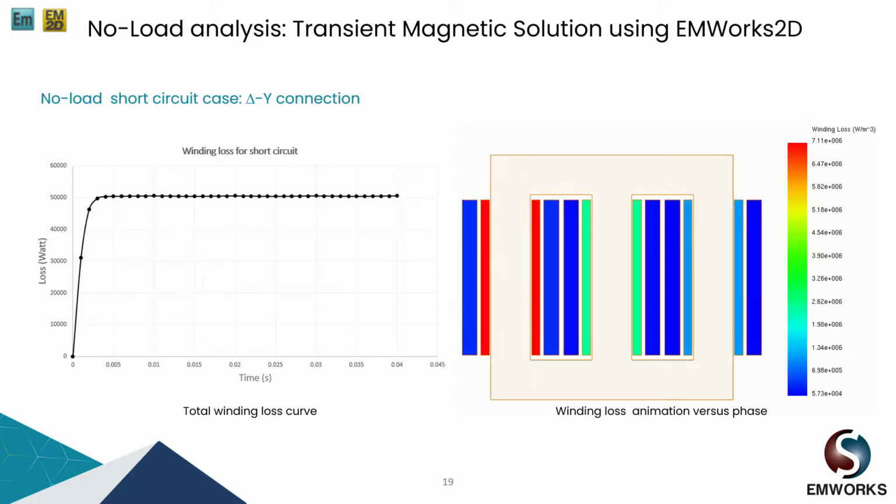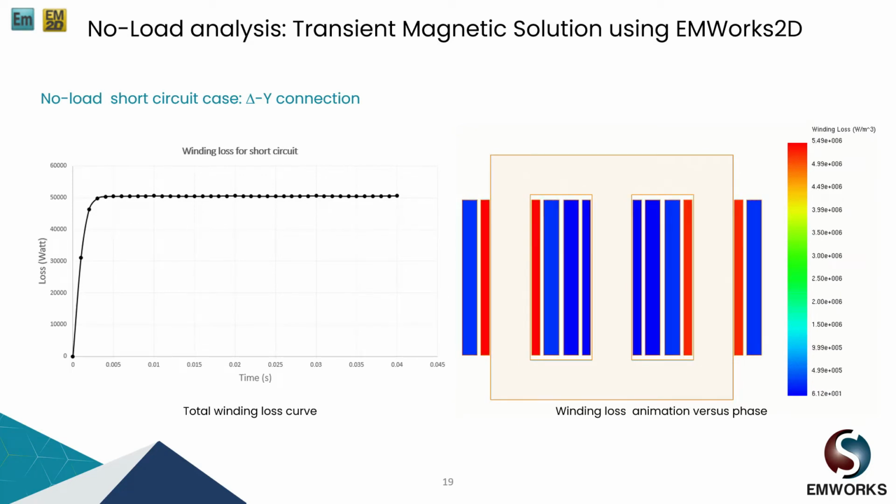Winding losses are also evaluated, so you can see here higher winding loss compared to the star connection. The winding loss reached 50 kilowatts. We know that in the delta connection we can get higher current under a loaded connection, but here we have higher losses under short circuit.